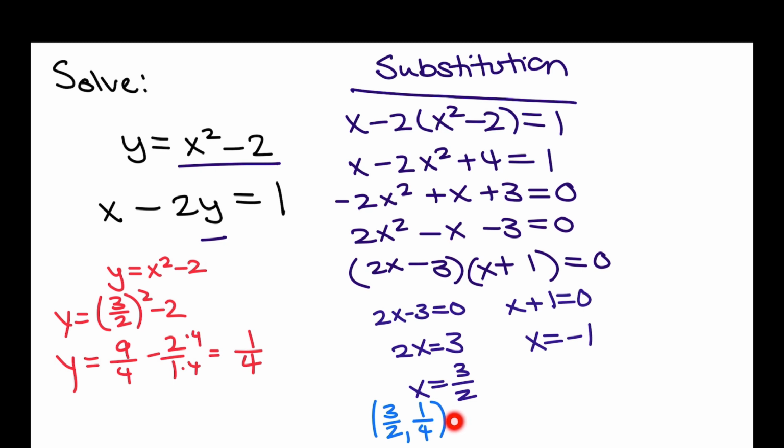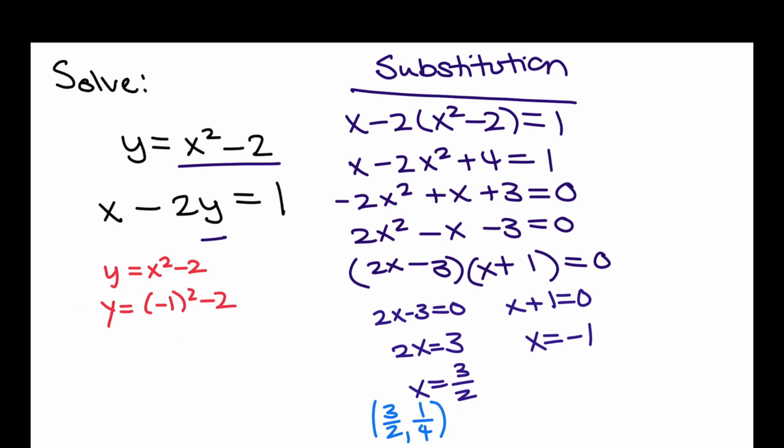So one solution is 3/2, 1/4. If I plug negative 1 in, y is negative 1 squared minus 2. That's 1 minus 2 or negative 1. So my other intersection point, or my other solution, is the point negative 1, negative 1.